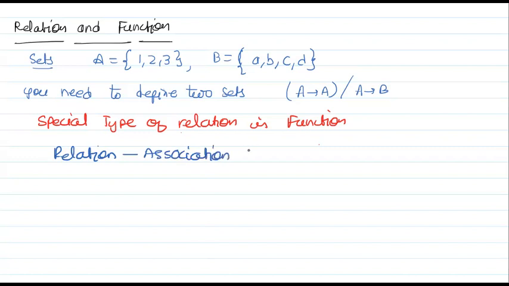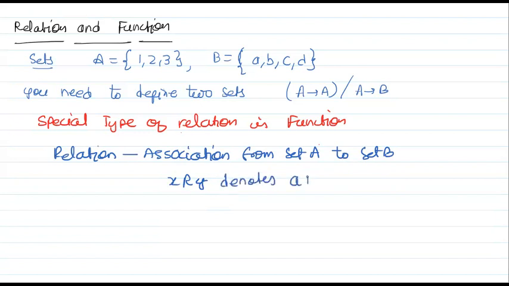Association, and from set A to set B, this will be called like X R Y, and this X R Y denotes a relation between X and Y. So X and Y are the elements.